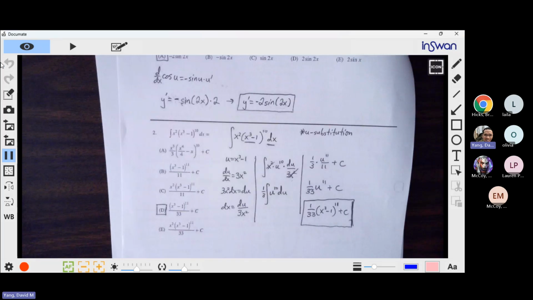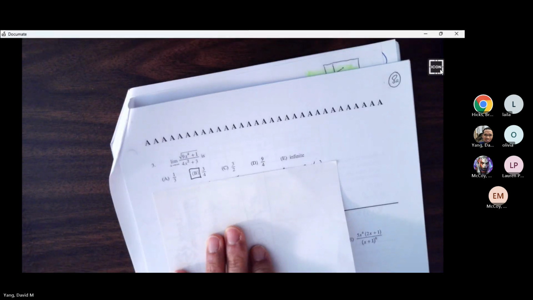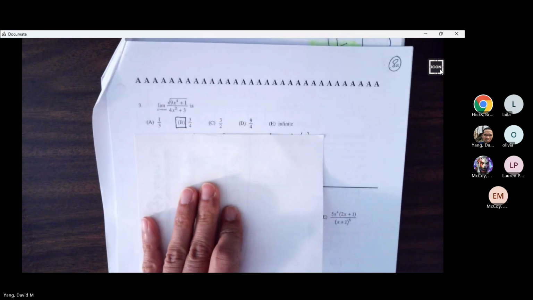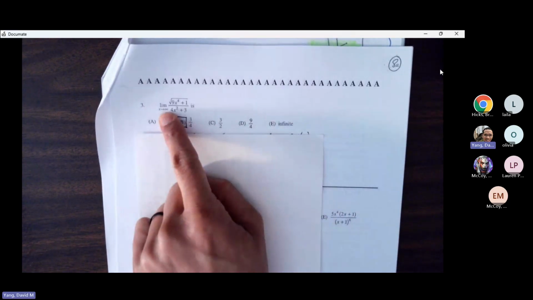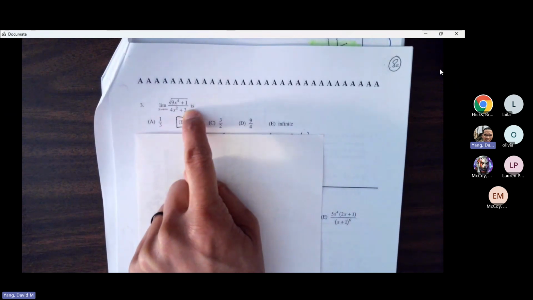All right, next up, number 3, page 8. Limit as x approaches infinity. Whenever I see infinity, I'm always thinking, okay, we're not going to plug anything in.